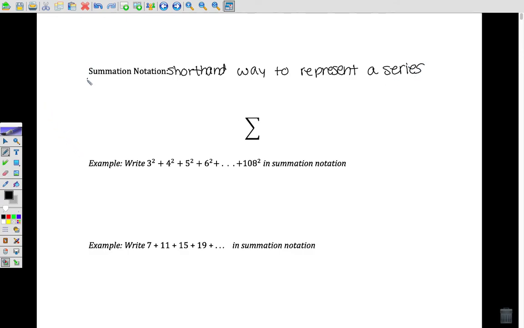And we do it using limits. These limits are just going to tell us where to start and where to end. If it's finite, it's going to tell you, okay, I want to add the third term to the 8th term. So it tells us which terms in the sequence we're trying to add together. Limits just mean the least and greatest values for n.